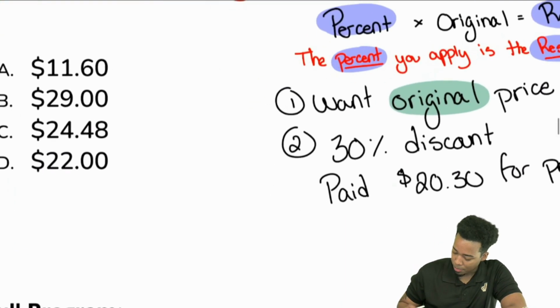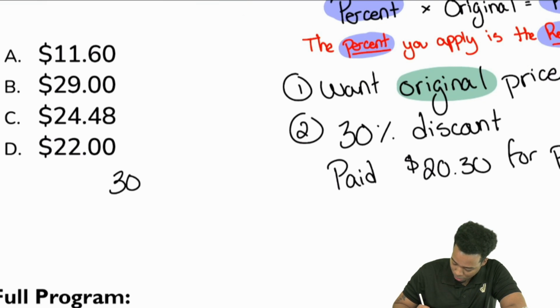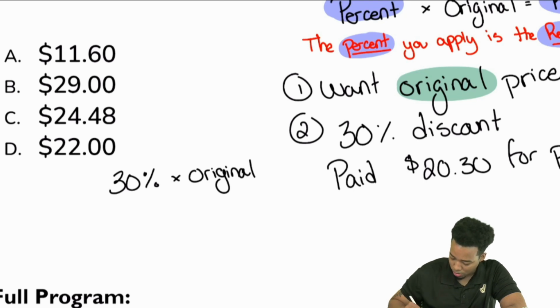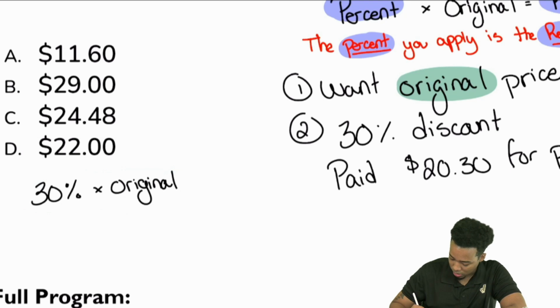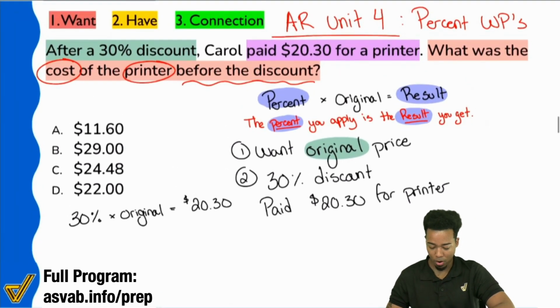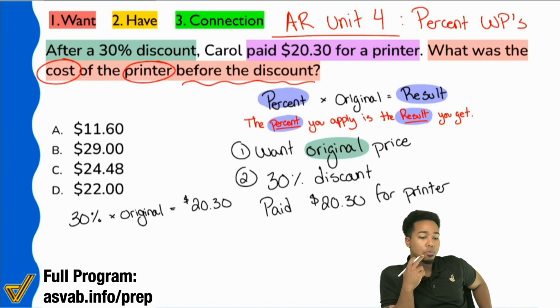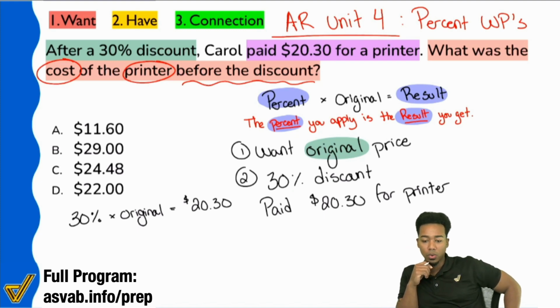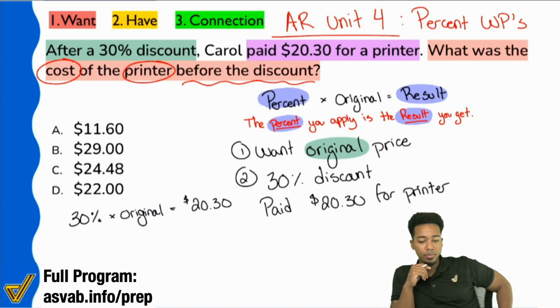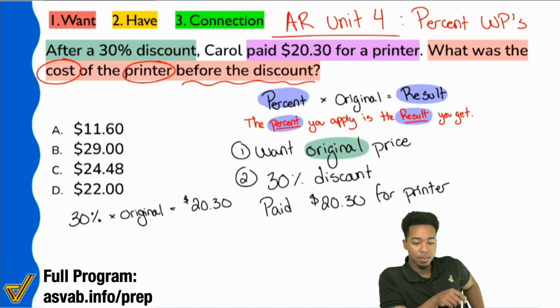A lot of people will write this: 30% times the original equals the result, and that result is going to be the $20.30. Is that correct or incorrect? 30% times the original equals $20.30. Is that correct or incorrect? Why? I see already a handful of people saying that I'm wrong.